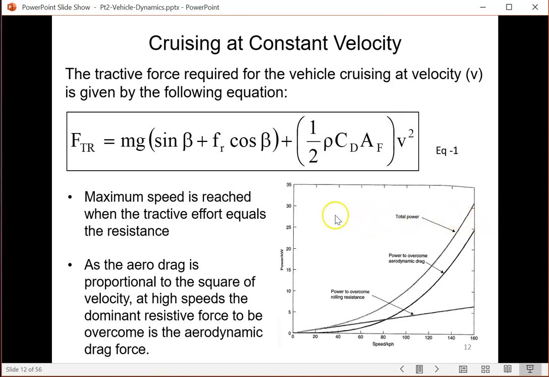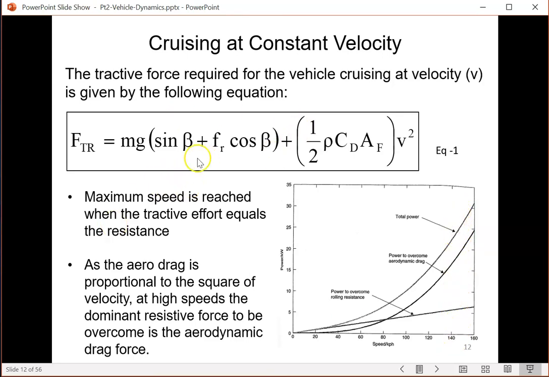For a particular engine or electric motor, there is a crossing point with the final curve here, and if you go down from it, this will be your maximum cruising speed.